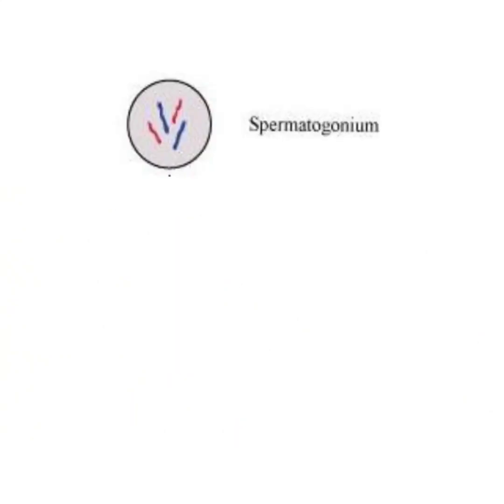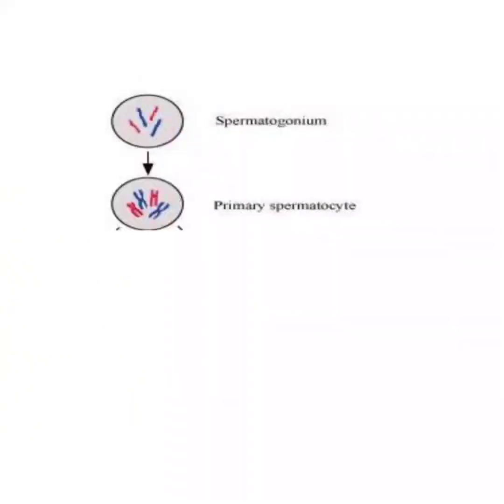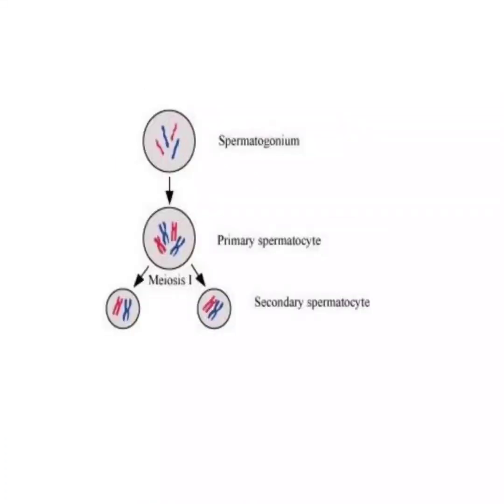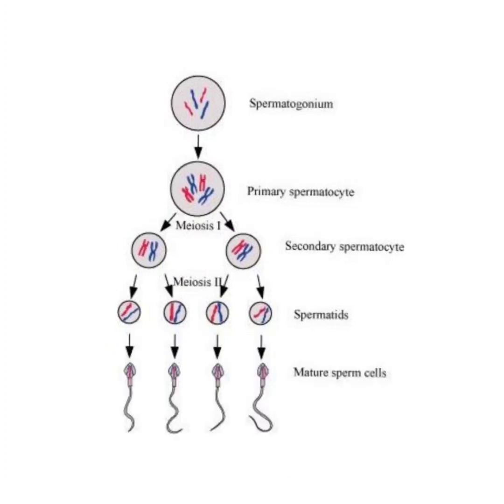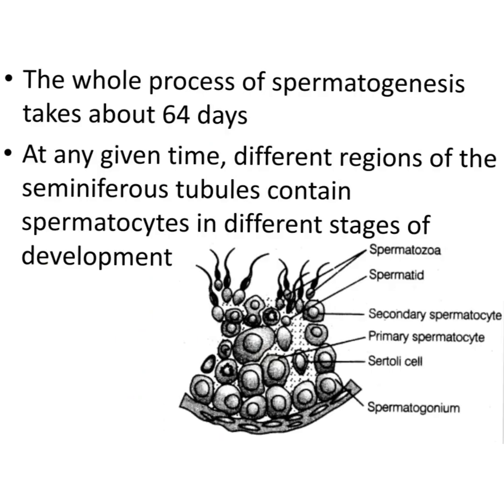We can see how the spermatogonia becomes the primary spermatocyte, the primary spermatocyte becomes the secondary spermatocyte, the secondary spermatocyte contains the haploid number of chromosomes, it gives rise to 4 spermatids, and the 4 spermatids mature into sperm cells.